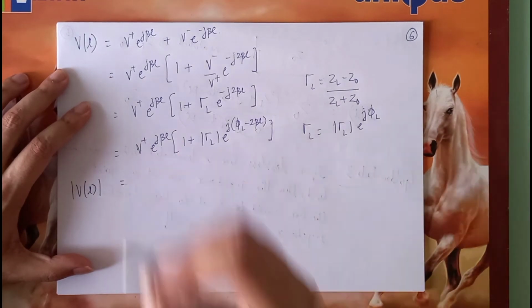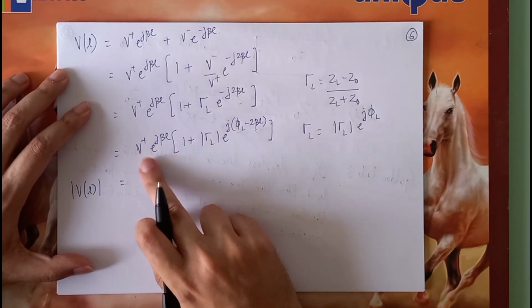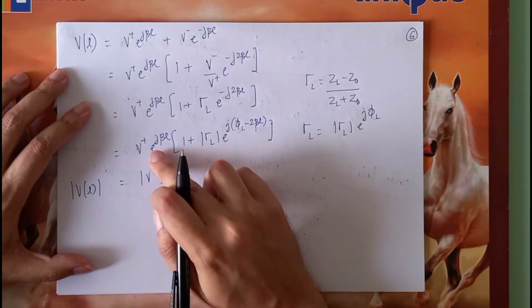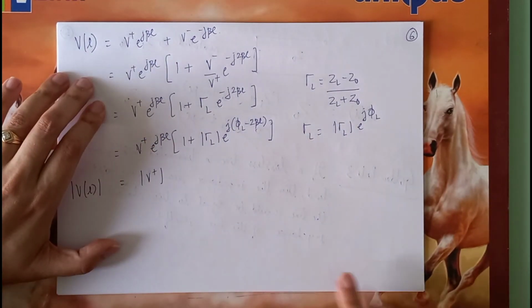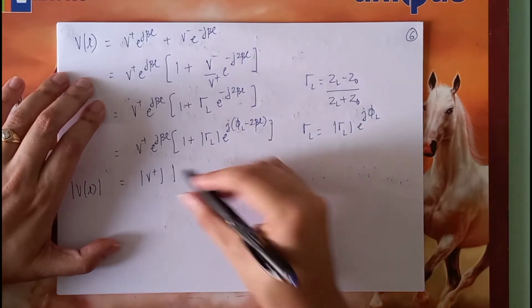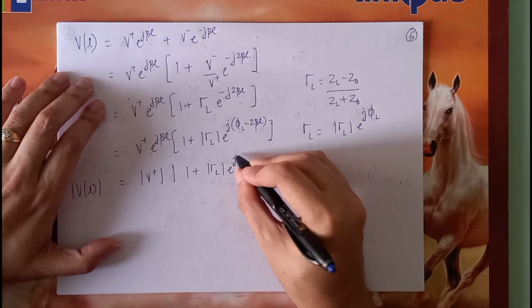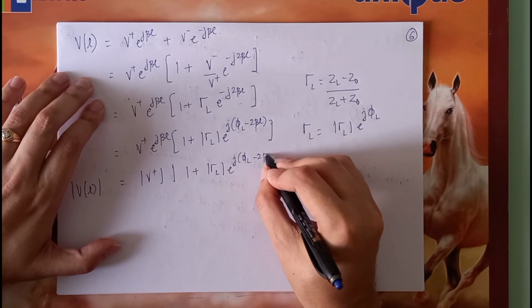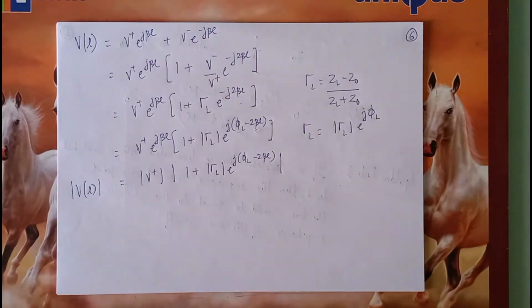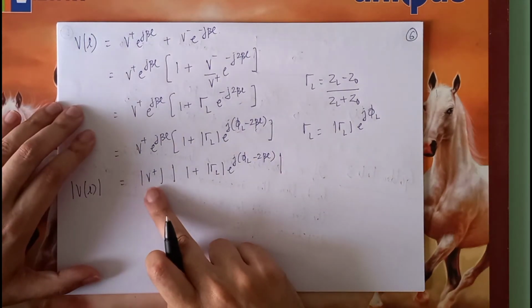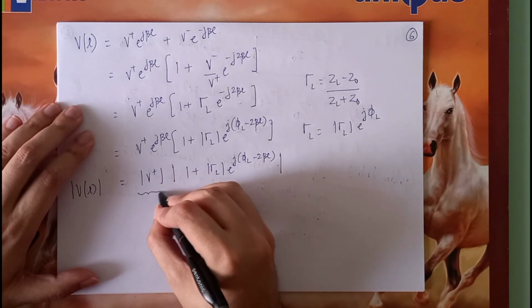So if I take the mod, what I will get is mod of V plus, because the mod of e raised to j beta L is always 1, times the mod of this entire quantity. So this is the magnitude of V of L. Now the mod of V plus is a constant.